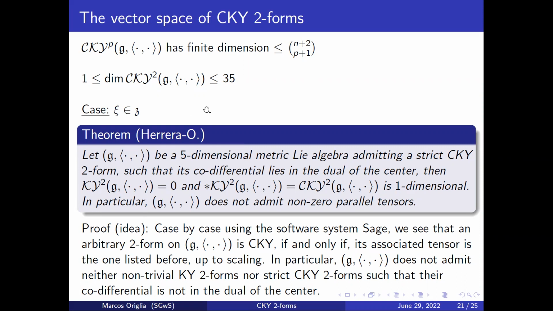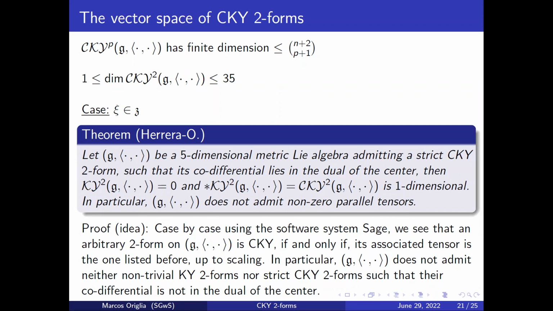In this situation, there are no Killing 2-forms, and the conformal Killing ones, of course, are strict. They are actually star-Killing, right? So they are not co-closed, but they are closed. And there is no more, right? So in particular, they are not non-zero parallel tensors.